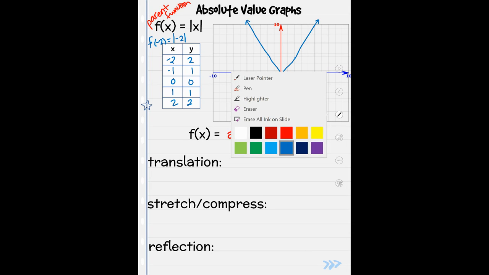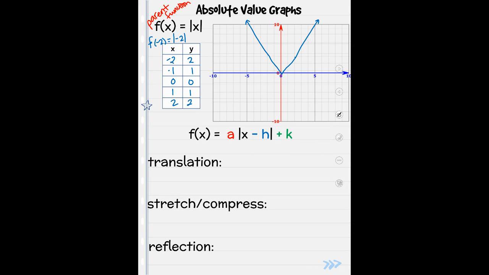So transformations, if we remember, we've got a couple here: translations, stretch and compress, which is our dilation, and then our reflection. Our translation is how we're moving it, if we're moving it left and right and up and down.